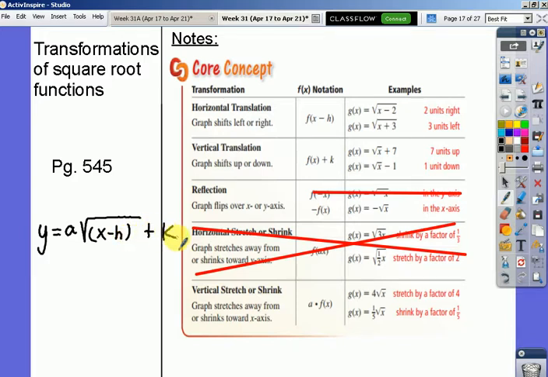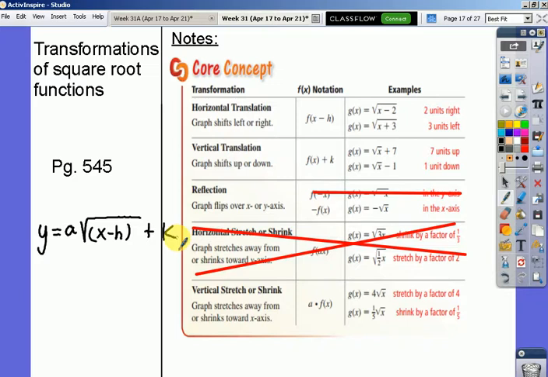We talked about this already a little bit yesterday. We're going to talk about it again today. So yesterday we focused on finding the domain and range of square root functions, and we're going to see how each little piece of the square root function, the a, the h, and the k, affect our graph in terms of movements and stretches and compressions or shrinks. Okay?